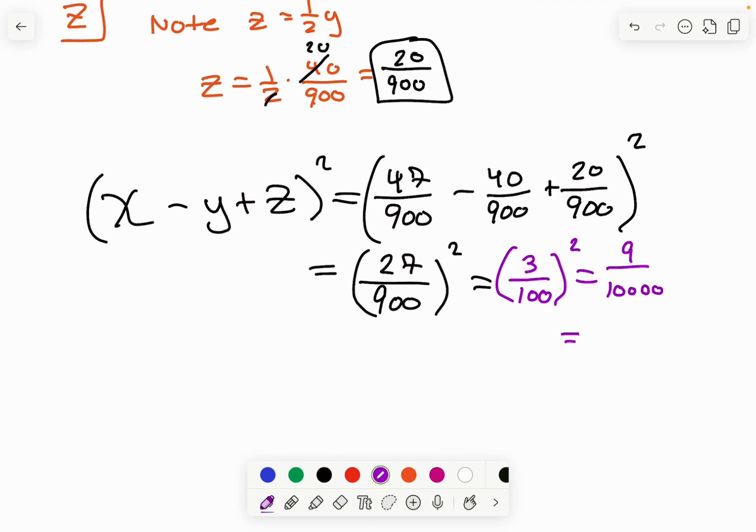Okay, we can write that, or you can write it as 0.0009, so 3 zeros, right? This is 9 ten thousandths. So either of these should be fine.